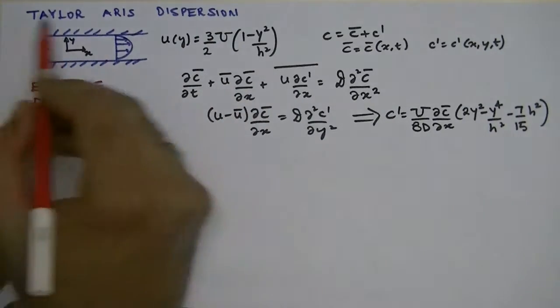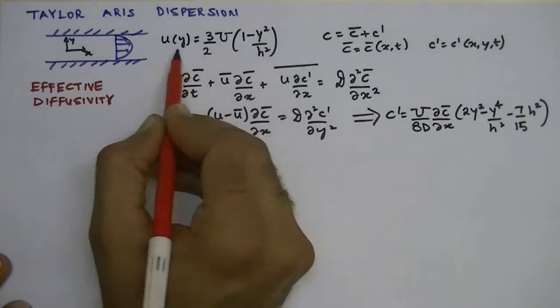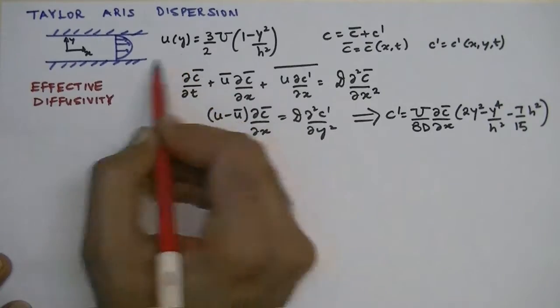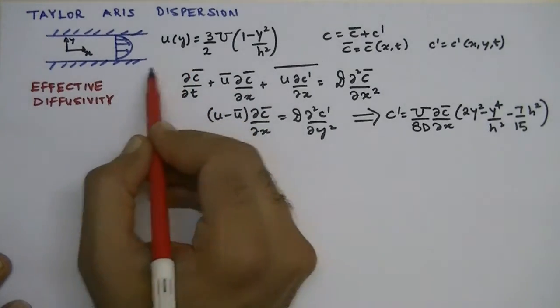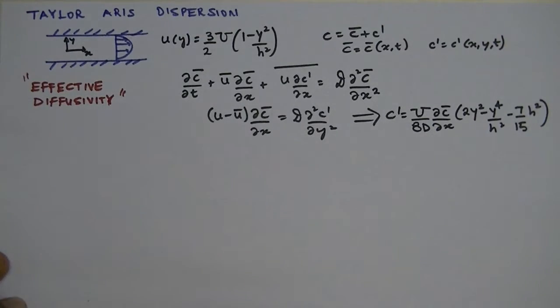And because of Taylor-Aris dispersion, it appears that along the direction of the flow, the solute or the passive scalar has higher diffusivity, and that is what we call the effective diffusivity.